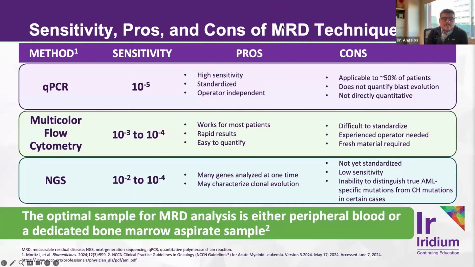So MRD refers to measurable residual disease. And again, depending on the type of testing you use, this is going to give insight into the level of any potential leukemia that might still be remaining. So, quantitative PCR, and now more specifically, digital droplet PCR, offers one of the highest levels of sensitivity with a pretty good level of reliability.